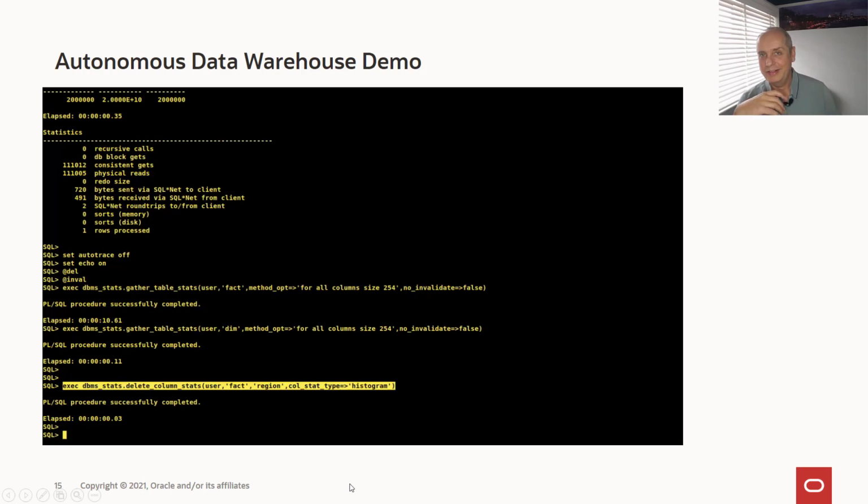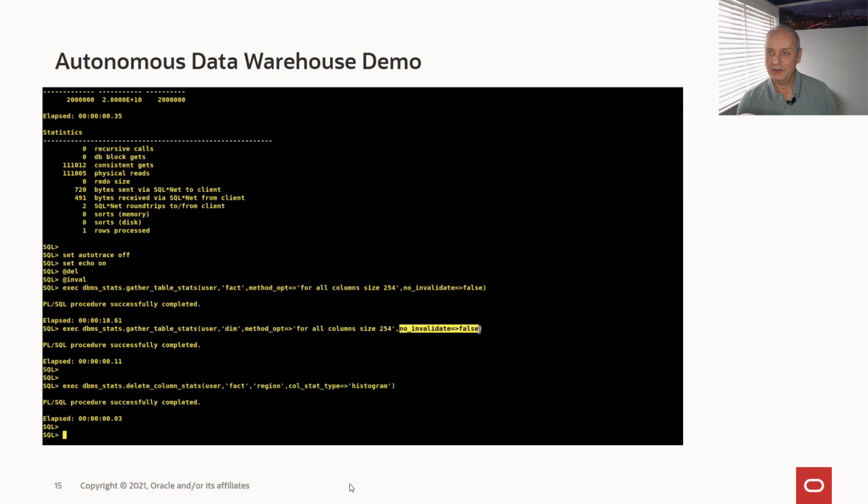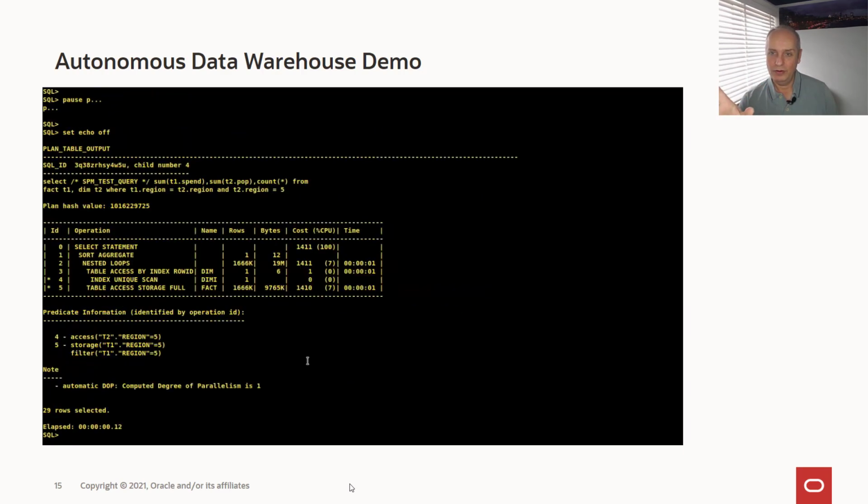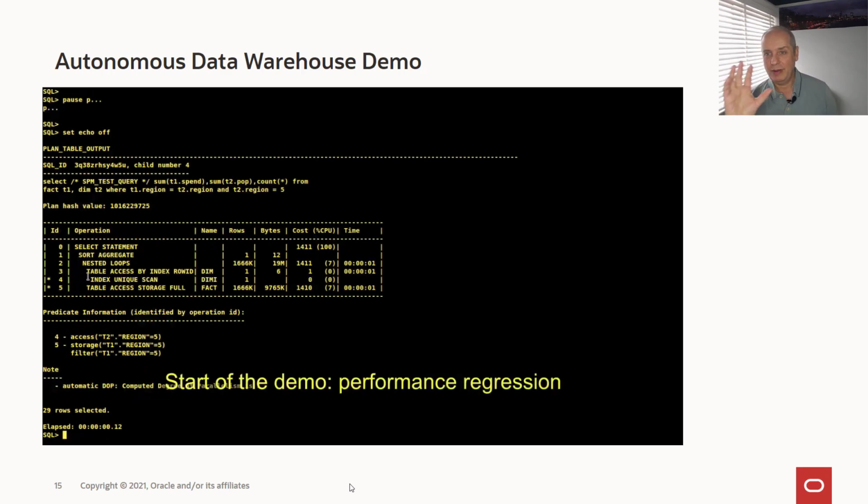To cut a long story short, I'm attempting to hurt my query. I'll use no_invalidate equals false to get the cursor kicked out of the cursor cache, and I'm going to run the query again. One row, but now it doesn't know about the skew. So this is the demo beginning, really.